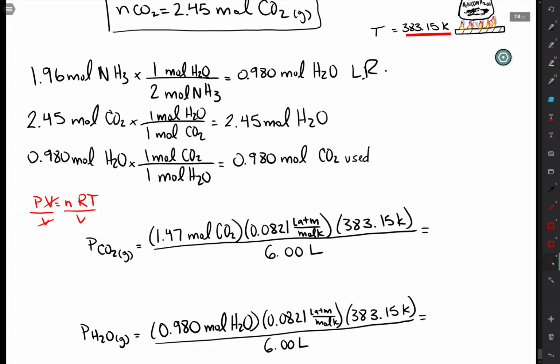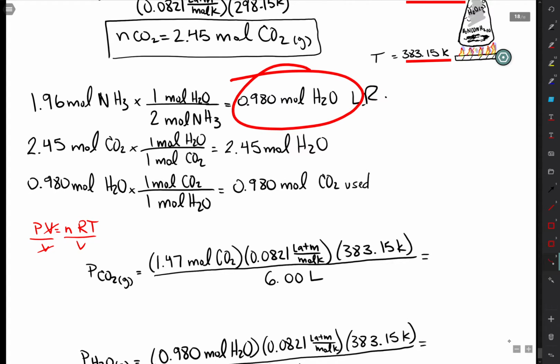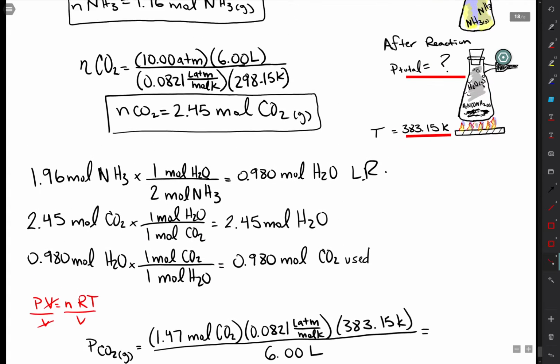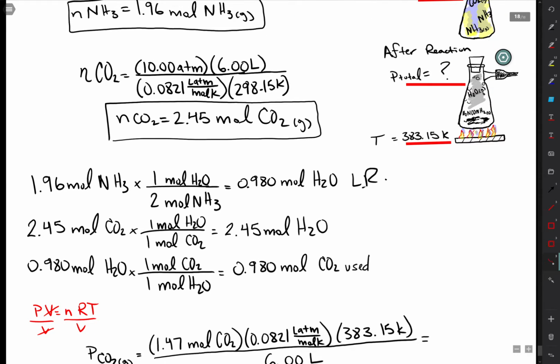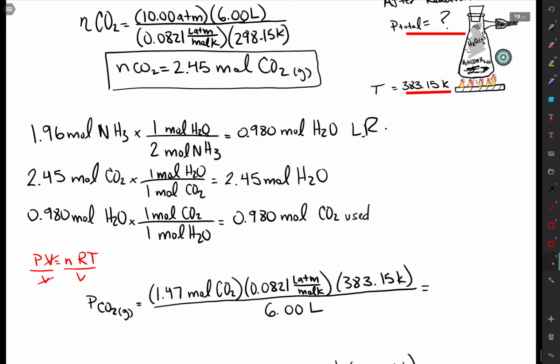With that, we can use the least amount of moles of H2O and do a mole ratio to moles of carbon dioxide. So from here to here, and this produces 0.980 moles of carbon dioxide, and this is the amount that was used in the reaction.